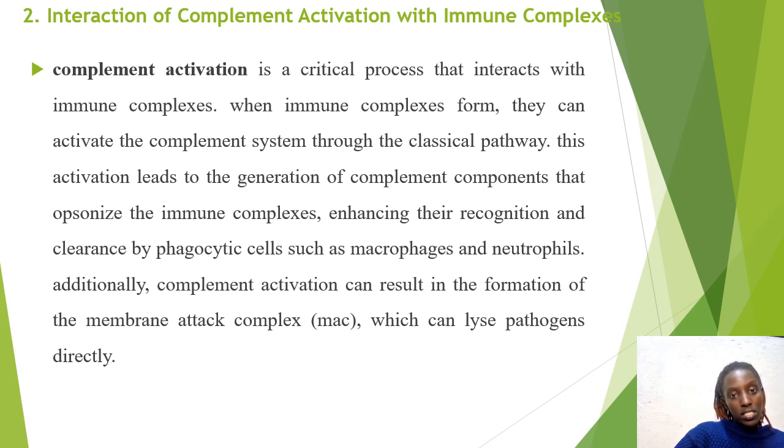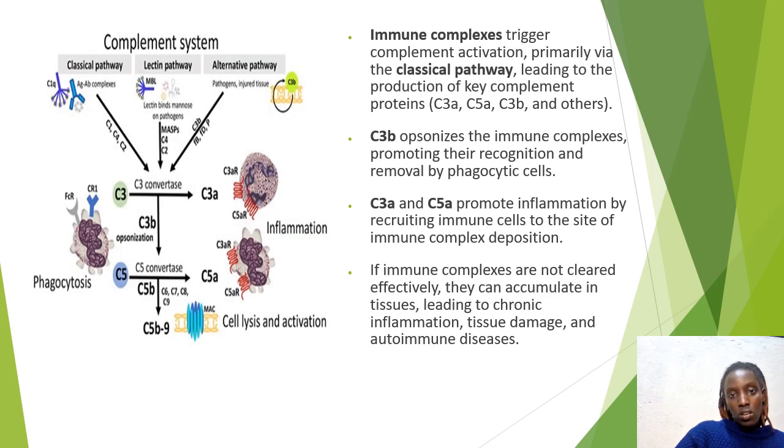This activation leads to the generation of complement components that opsonize the immune complexes, enhancing their recognition and clearance by phagocytic cells such as macrophages and neutrophils. Complement activation can also result in the formation of the membrane attack complex, which can lyse the pathogens directly, whereby lysis means the breaking down of the pathogen.